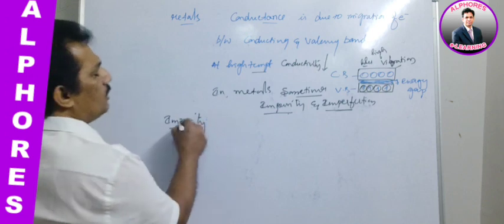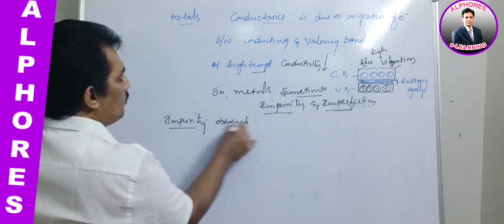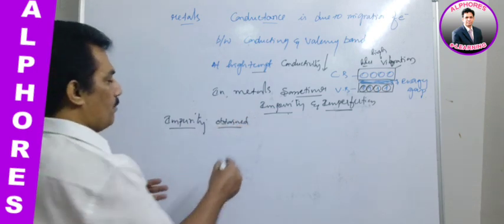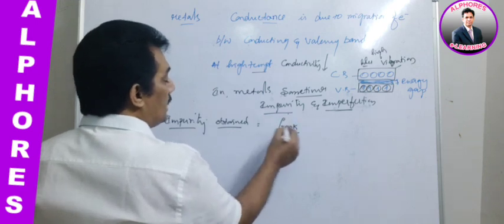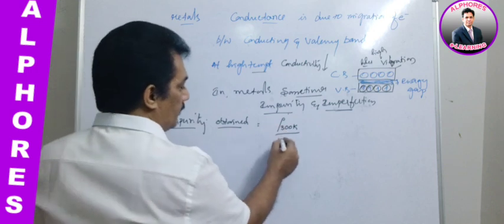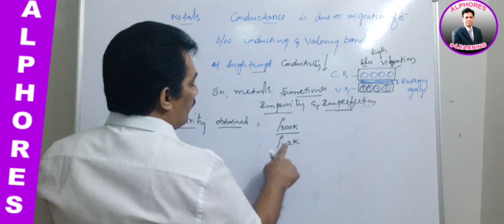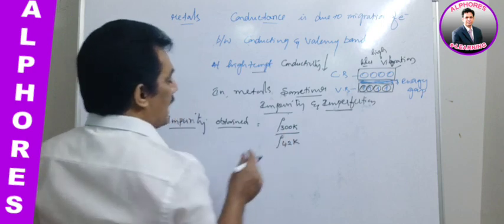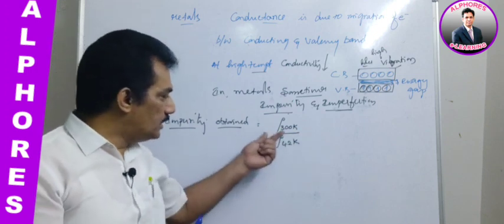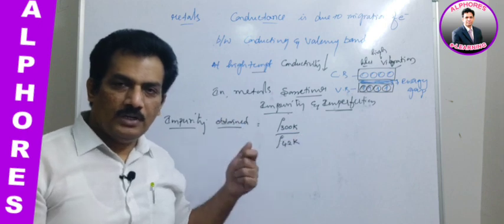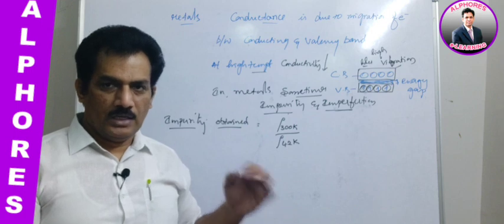This impurity can be measured from the conductance ratio of the metal at 300 Kelvin and 4.2 Kelvin. For every metal, this ratio is a constant, a characteristic feature of the given metal.